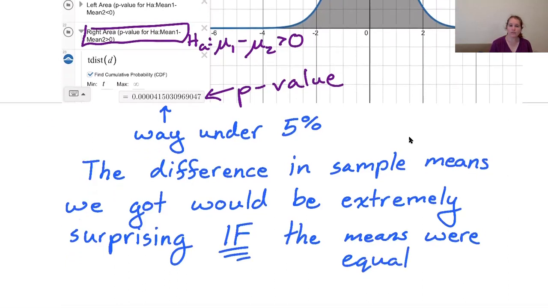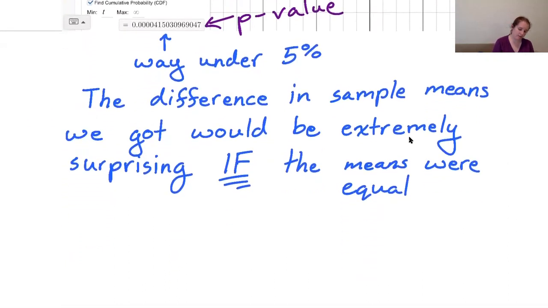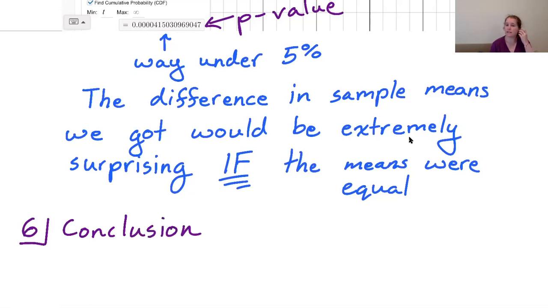So we move on to what would usually be our step 6, our conclusion. When we have a surprising result, this makes us doubt our null hypothesis and conclude the alternative.